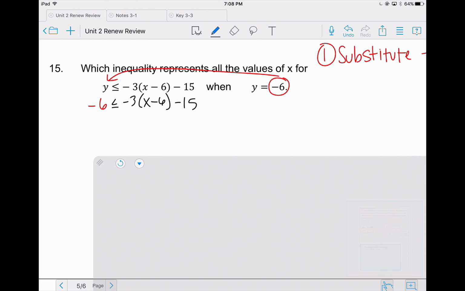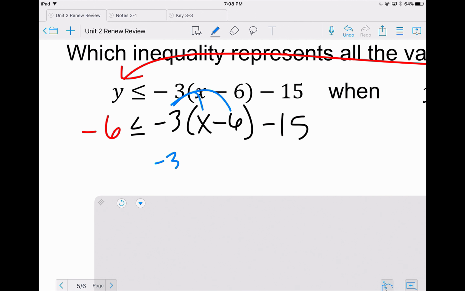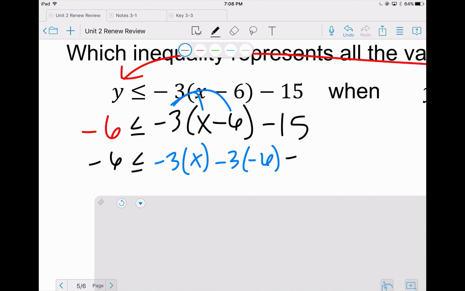Now that I have everything in numbers or in terms of x, I can solve for x. So step 2 is going to be distribute the -3 here. So -3 goes to x, -3 goes to -6, and everything else stays the same.